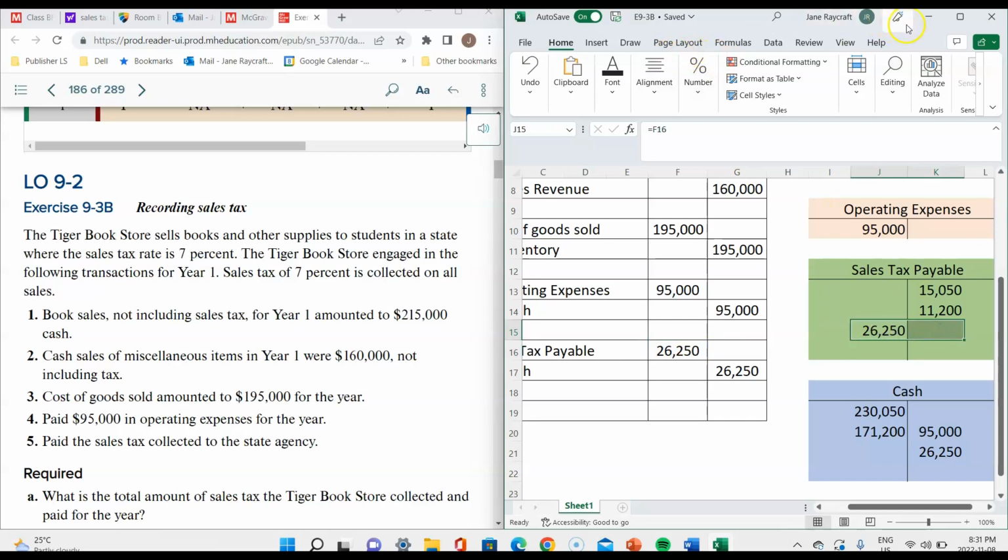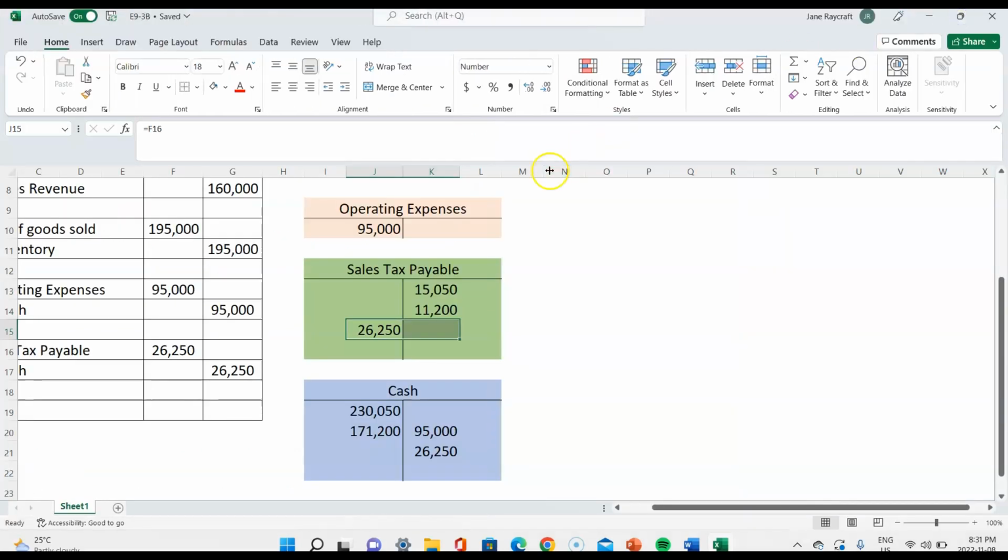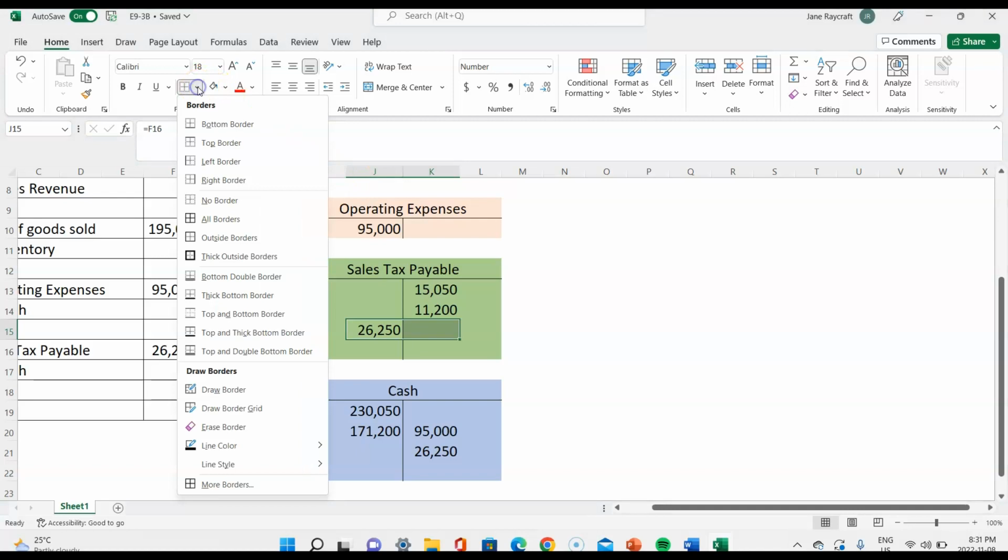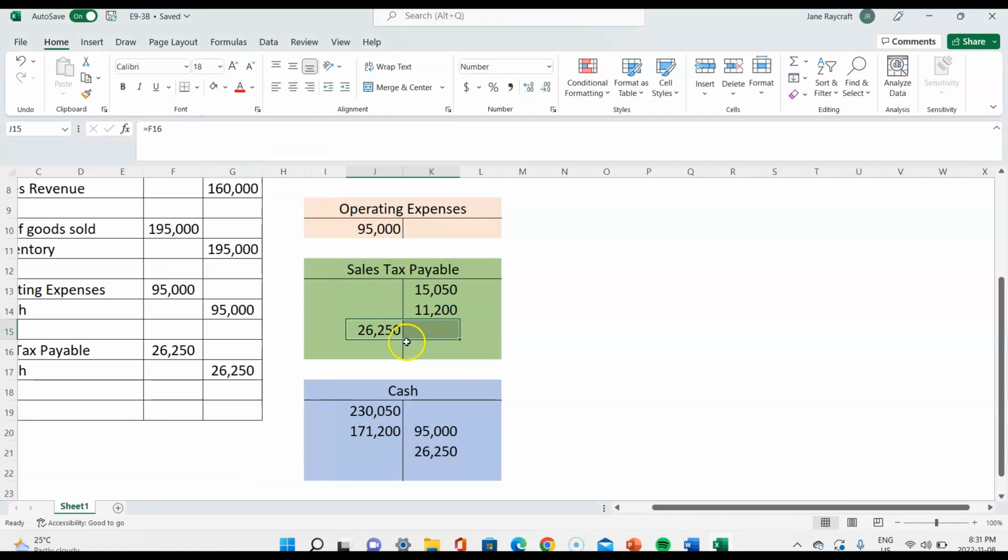So if I total up this liability account, all my credits minus my debits, you can see that I no longer owe anything to the government. I've paid everything off in this transaction.